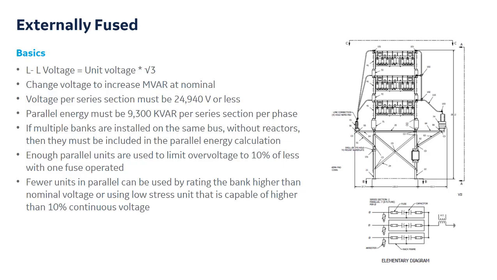So basics here, your line-to-line voltage equals your unit voltage times the square root of 3. So to change the voltage, in order to increase the MVAR nominal, an example here, if we had a 600 kVAR can at 21.6 unit voltage, that will equal your line-to-line rated divided by the square root of 3.